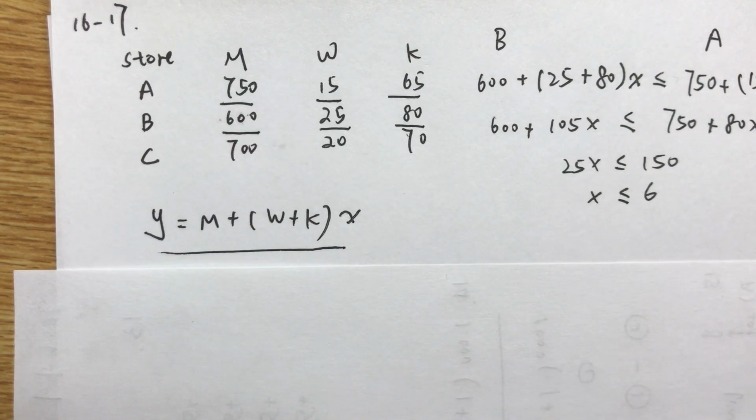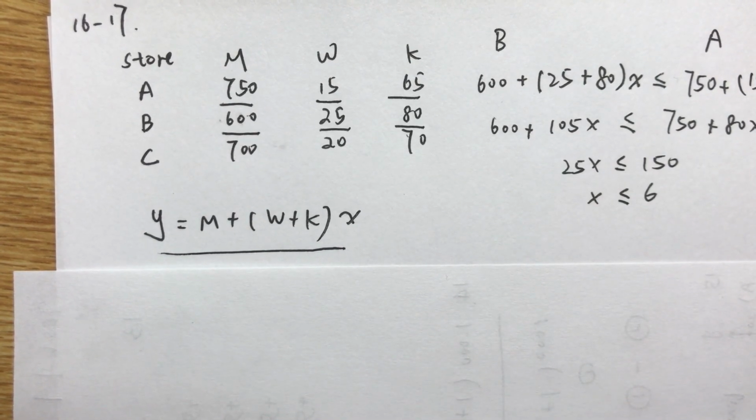Okay. So for question number 16, we read the question first. Someone is building a concrete something in his backyard and deciding where to buy the materials and rent the tools needed for the project.